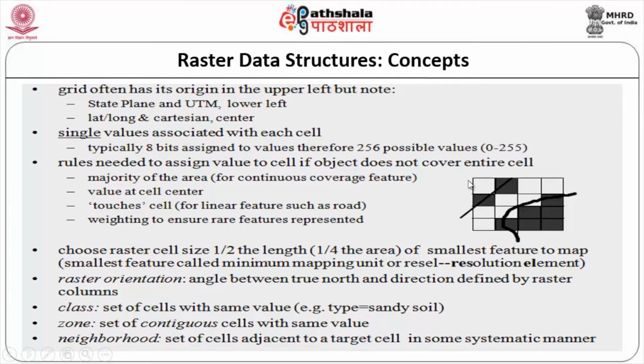How do you choose the cell size? As you know, this will decide the quality of the output. Normally, choose the raster cell size as half the length, that is 1/4 of the area, of the smallest feature to map. I have already told you about the resolution.